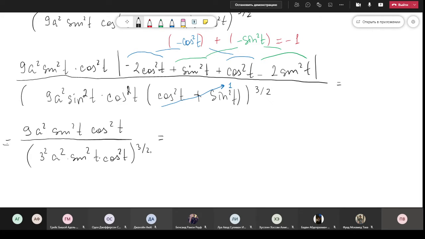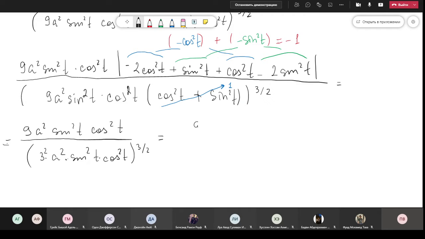Now we can consider power 3 over 2 and apply this power to each multiplier. 3 with power 2 and all of this with power 3 over 2. If we find a power of a power, we can multiply the product of these powers. 2 times 3 over 2 is just 3.